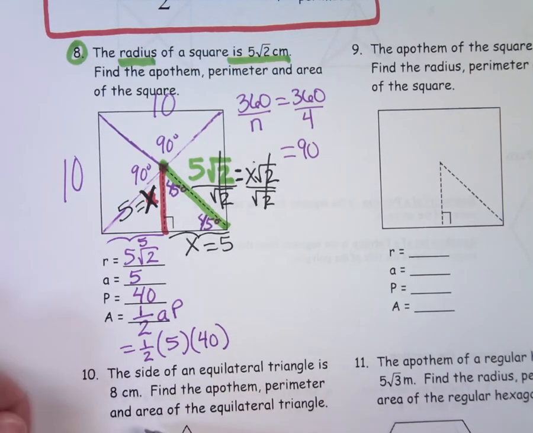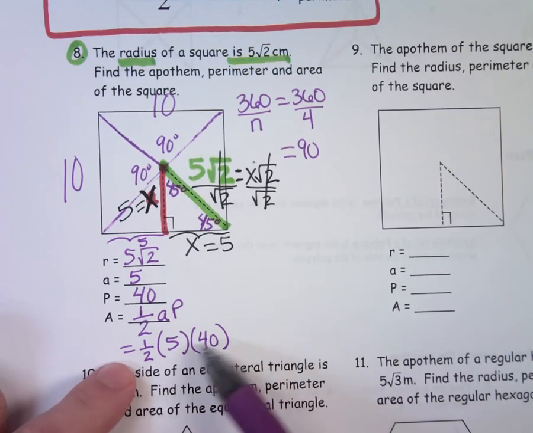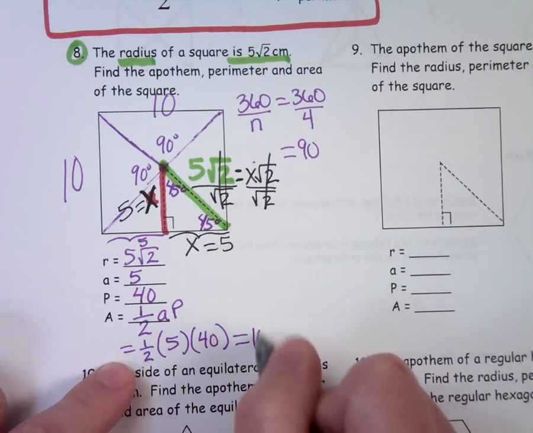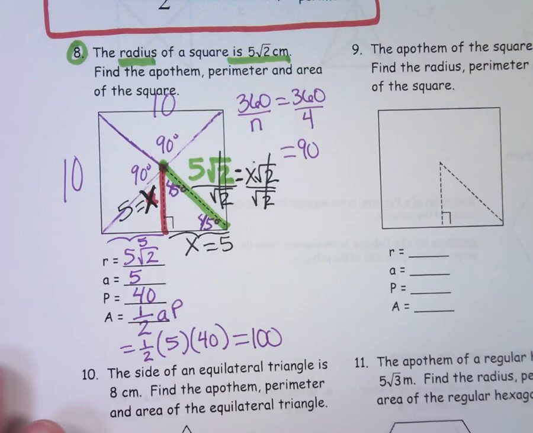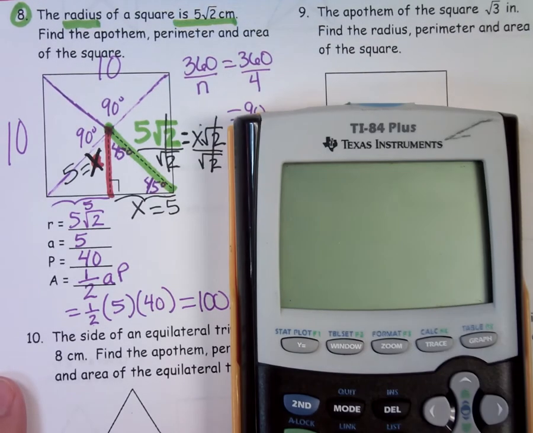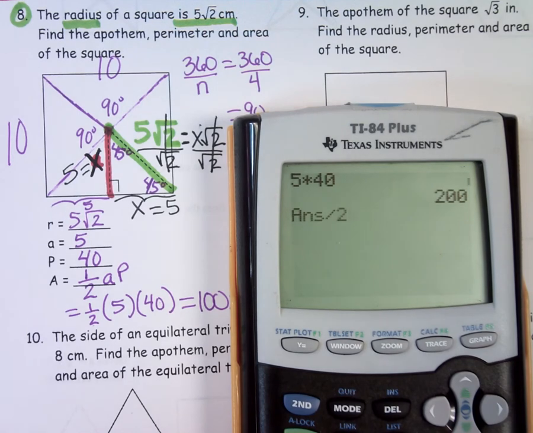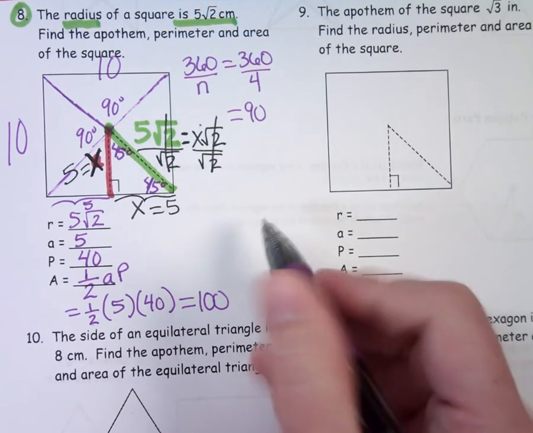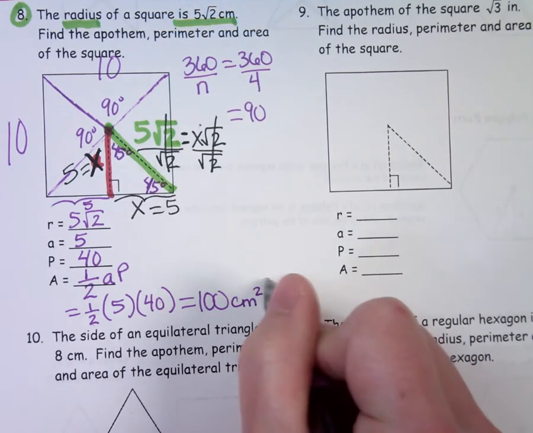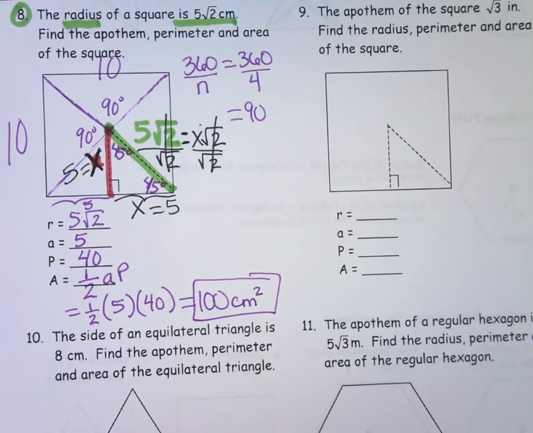If I work that out without a calculator, I could take half of 40, which is 20, and 20 times 5, which is 100. For most of you that have a calculator, I imagine that you would go 5 times 40, divide by 2. And that's our area, and this was in centimeters, so I'm going to give it centimeters squared.